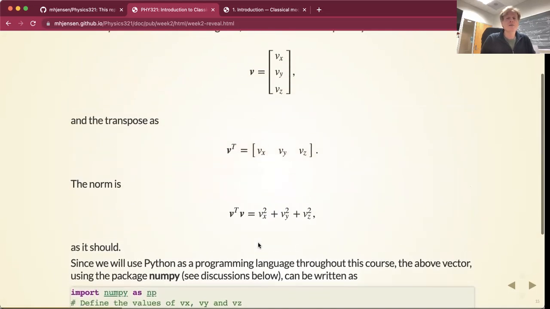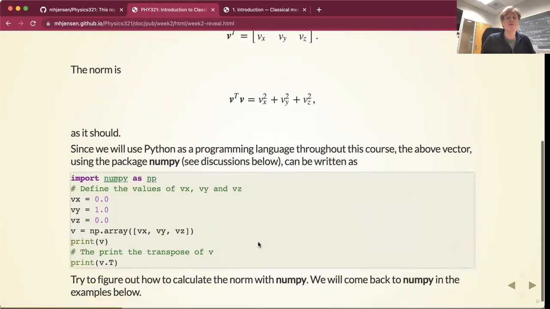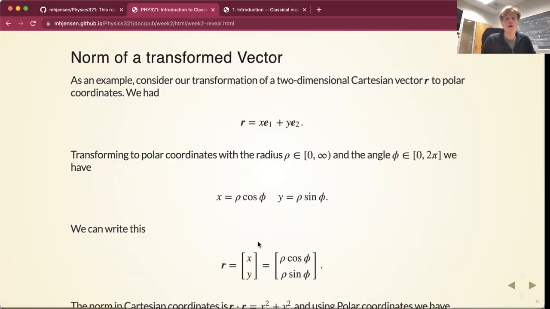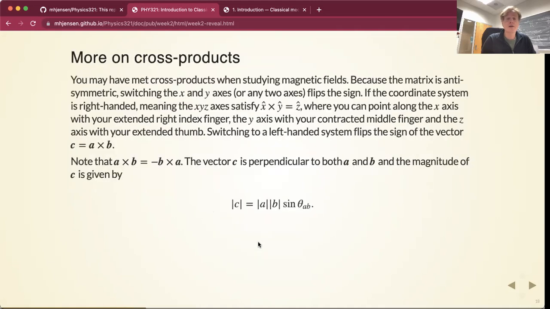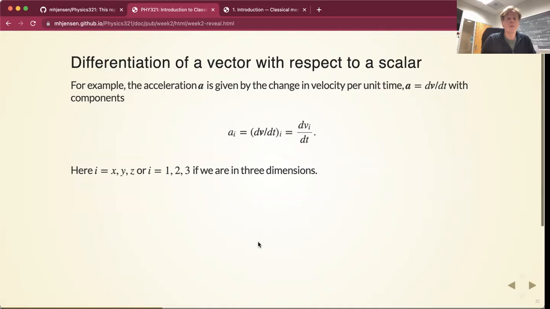So take a look at many of these equations here and remind yourself a little bit about some vector algebra. Some of the equations which you will find throughout here are things like the cross product of two vectors. You will also find derivatives of a vector with respect to a scalar, like the equations which you see here. So the derivative of the velocity gives the acceleration, the change in velocity per unit time, and it would have components like this.